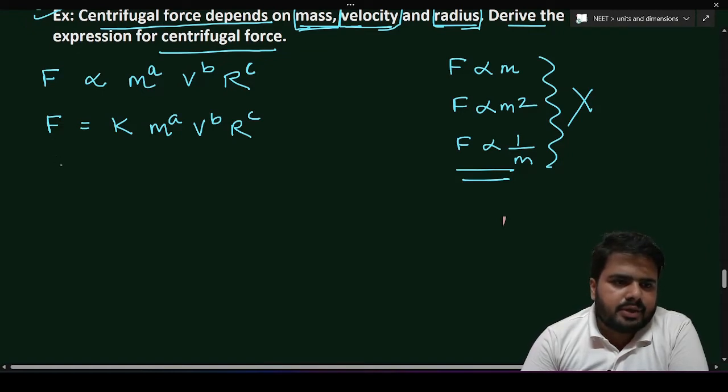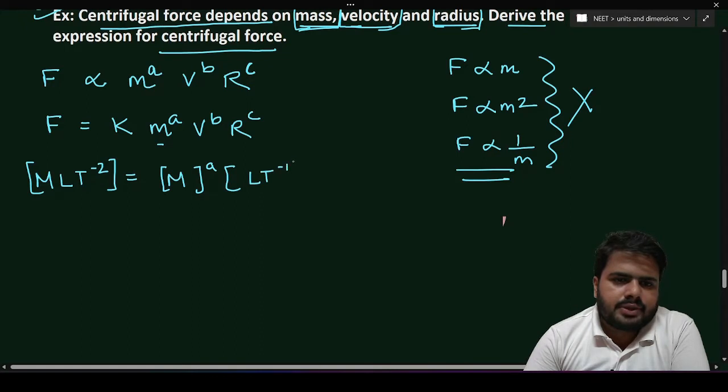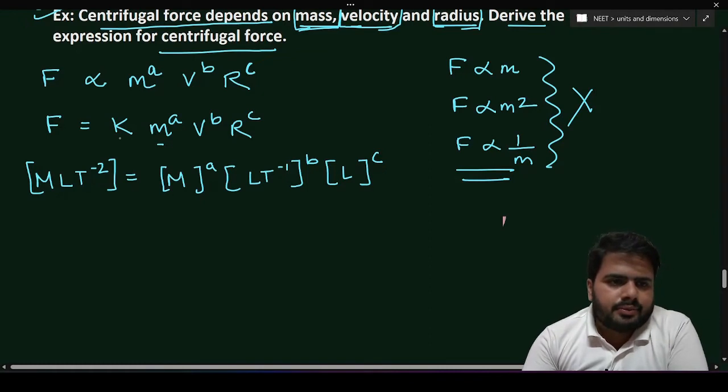The dimensional formula of force we all know is M L T minus 2. And the dimensional formula for mass m is simply M to the power a. For velocity it is L T minus 1 to the power b, and for radius it is L, length only, L to the power c. Clear? Here k is a proportionality constant which is dimensionless. No need to put any dimension for k.